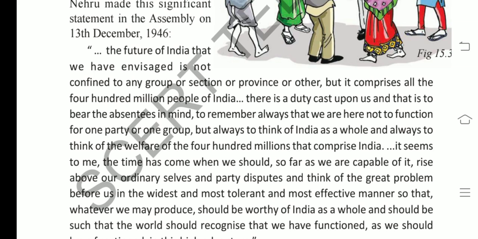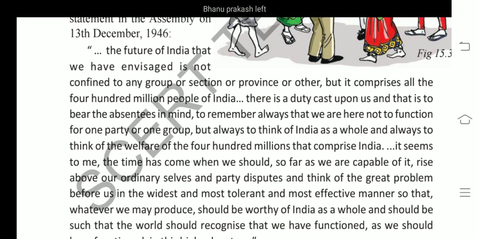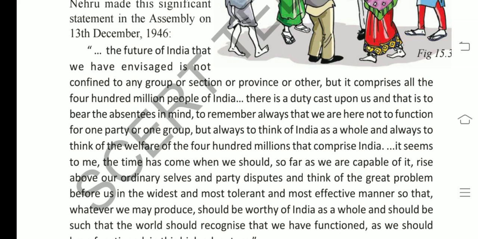The constitution should relate to all the people. It should benefit all the people. So Nehru stated that we all are here in the Constituent Assembly as the representatives of all the people. Some of the people's representatives are not here in the Constituent Assembly.